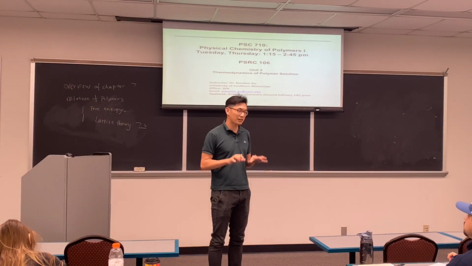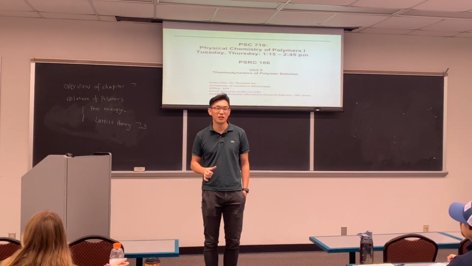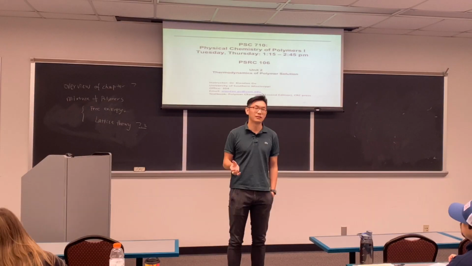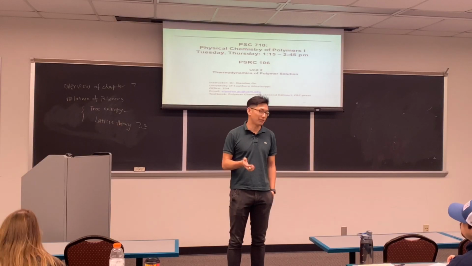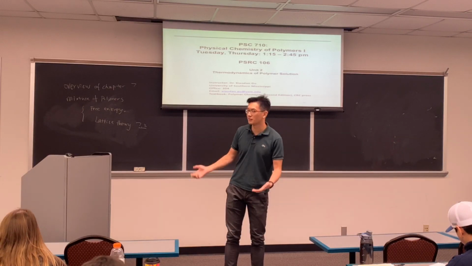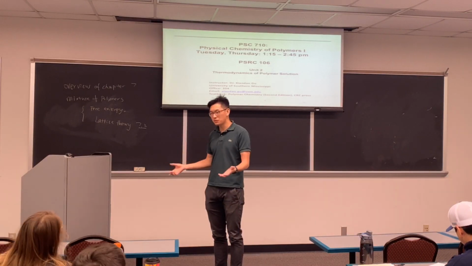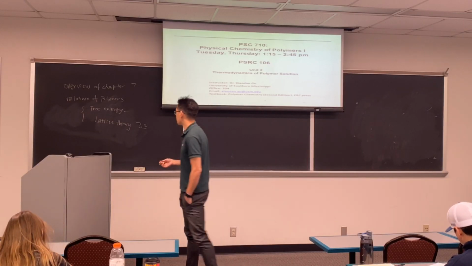You can think about this section, 7.2, which strictly talks about a mixture of small molecules A versus B and how they mix. Realistically, you can think about mixing toluene or hexane or any two solvents, when there is no connectivity between different parts.